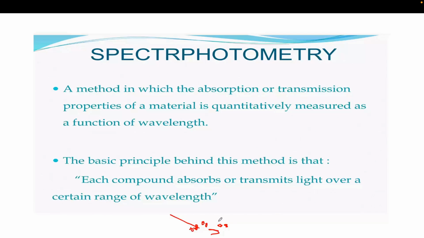From that you can identify the concentration present in the solution. So each compound absorbs and transmits certain light over a certain range of wavelength. This principle is performed by the spectrophotometer instrument.